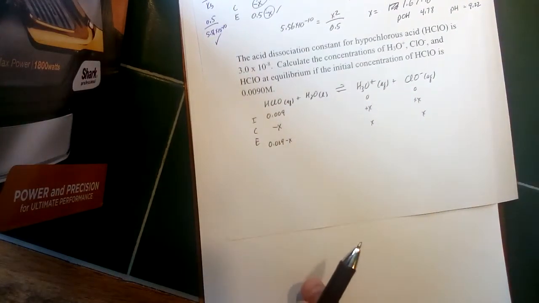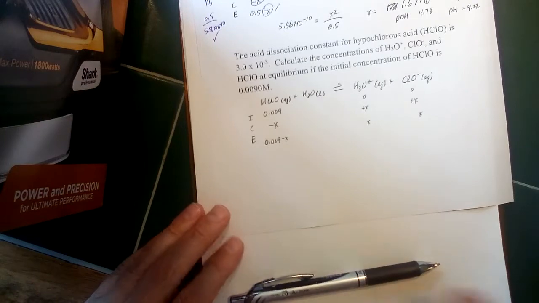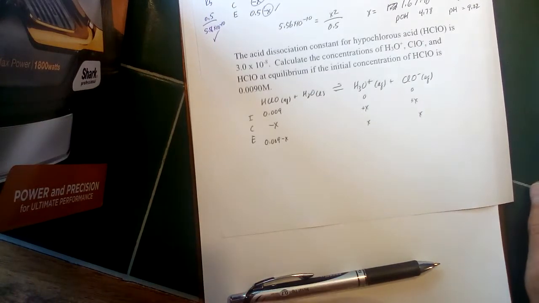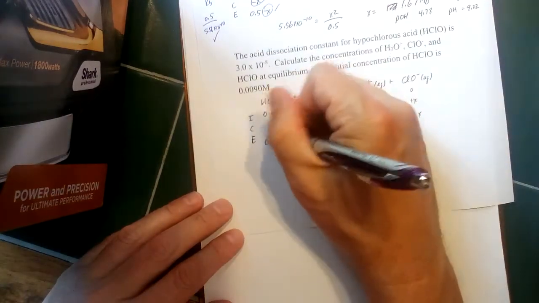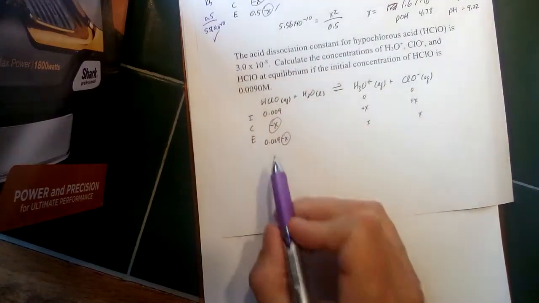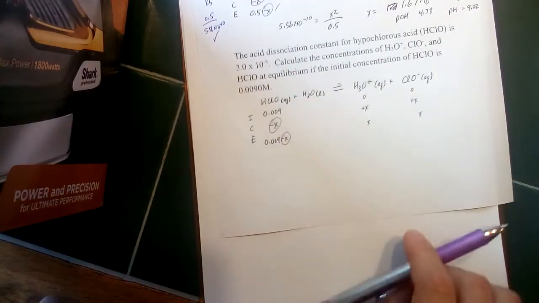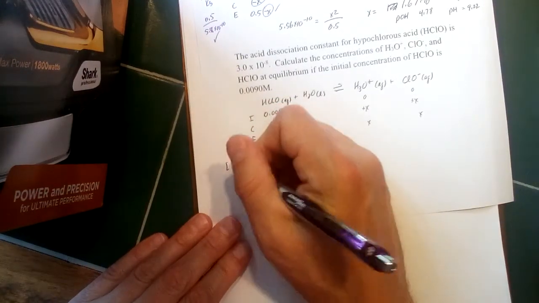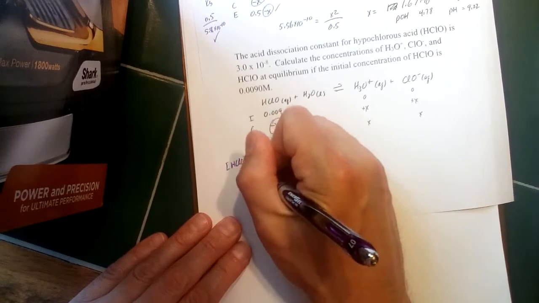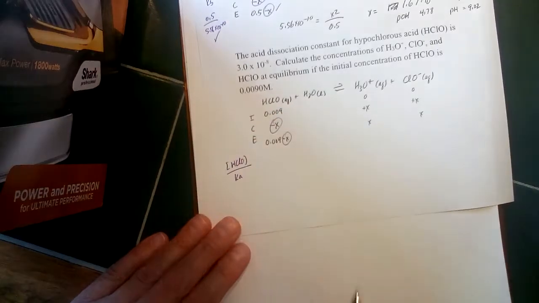Right? Now, that x is what stands between us and maybe having to go through the quadratic equation. So we want to do this evaluation. Can we forget about the minus x here? Now, pretty low concentration compared to some of the other calculations we've been doing. So let me take that concentration and divide by the Ka.